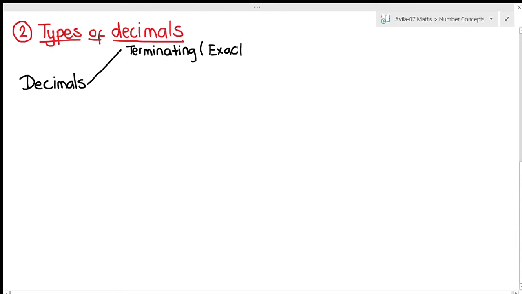And these are the decimals that we have been working with so far. Those are decimals that end. In other words, they do not go forever.